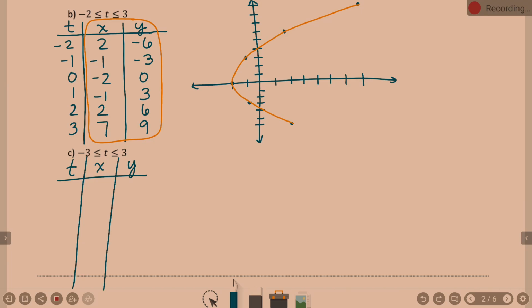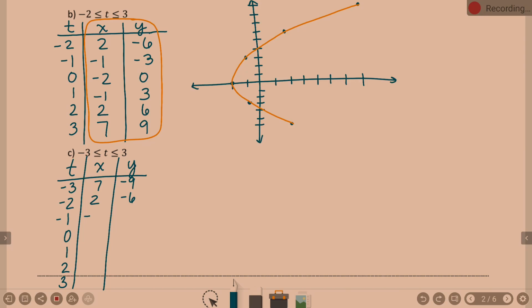So you're going from -3 to 3, so -3, -2, -1, 0, 1, 2, and 3. Negative 3, the ordered pair was 7, negative 9. Negative 2 was 2, negative 6.